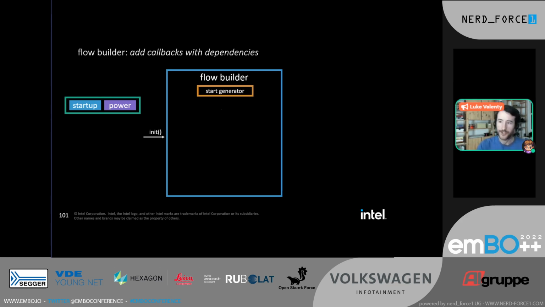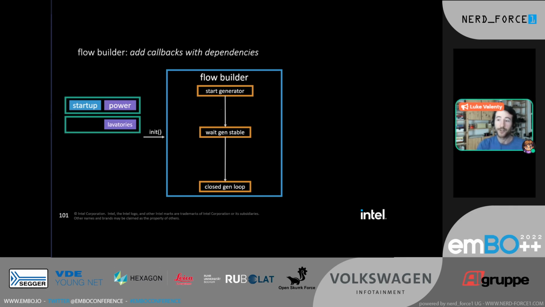This power feature has a step called start generator. And it specifies that the wait for generator to be stable step happens after that. And then changing the generator to a closed loop cycle happens after the generator is stable. So these three steps are added, and it's explicitly saying they must happen in this order with these dependencies.